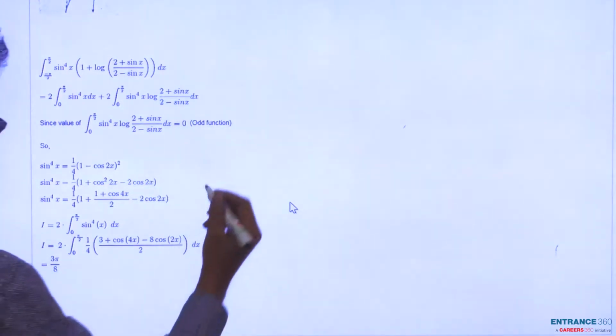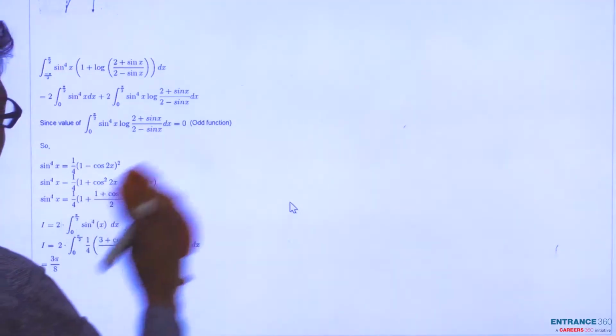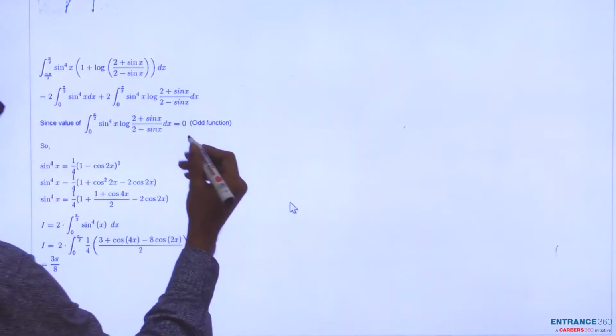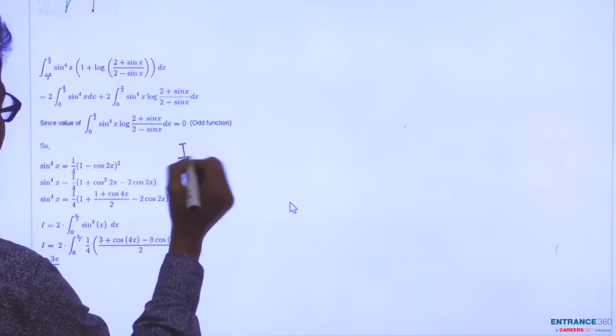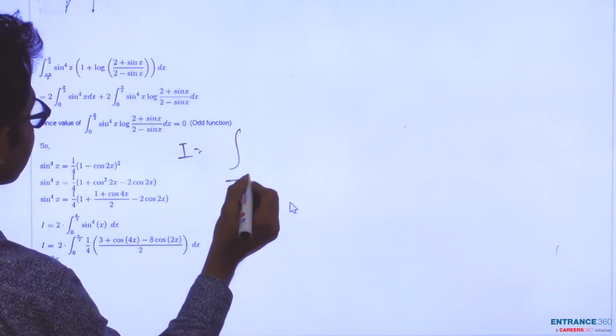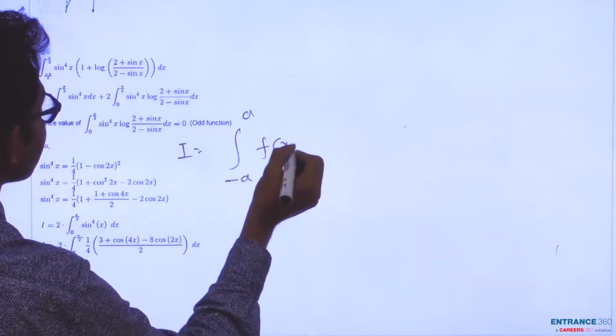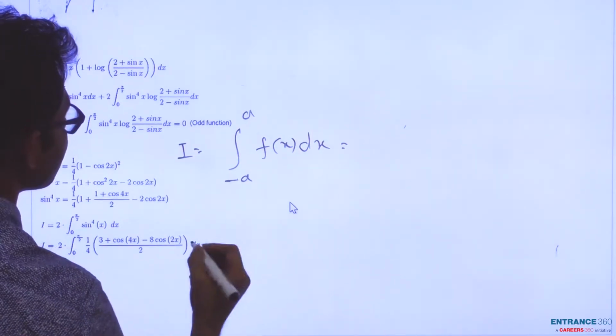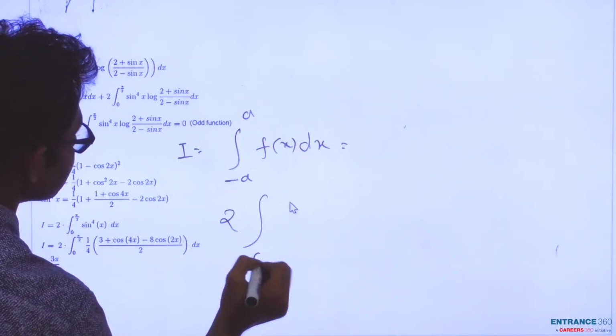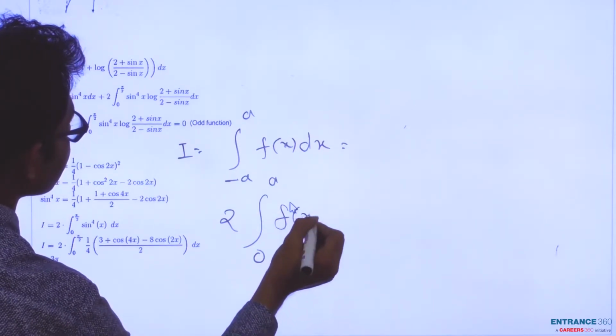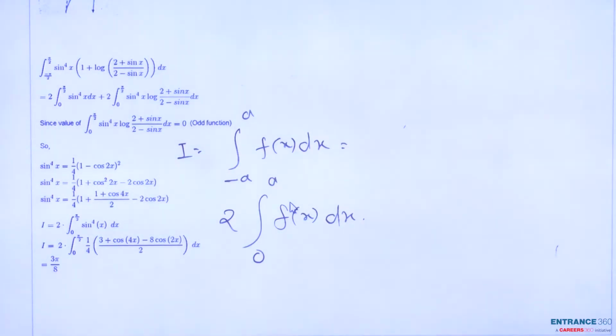So finally, we also use one of the properties: I equal to the integral from minus a to a of f(x) dx can be written as 2 into the integral from 0 to a of f(x) dx.